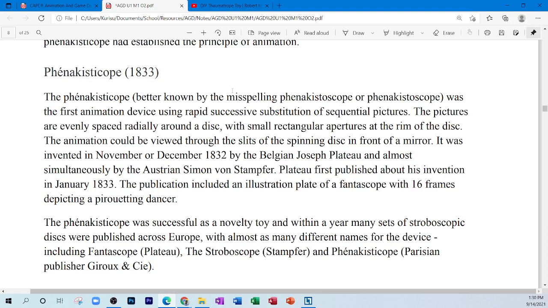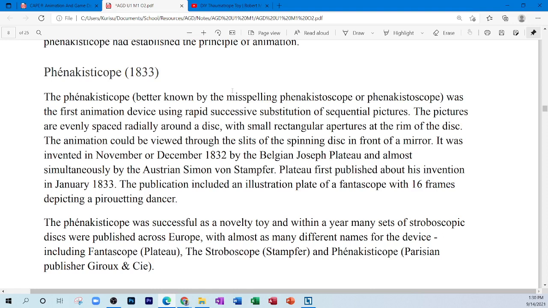The pictures are evenly spaced radially around the disc with small rectangular apertures at the rim of the disc. The animation could be viewed through the slits of the spinning disc in front of a mirror. It was invented in November or December 1832 by the Belgian Joseph Plateau, and almost simultaneously by the Austrian Simon von Stampfer.